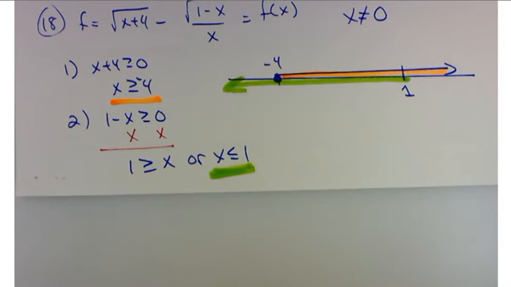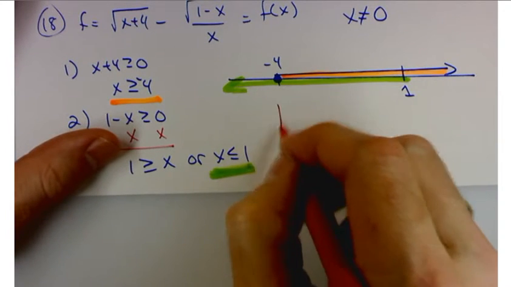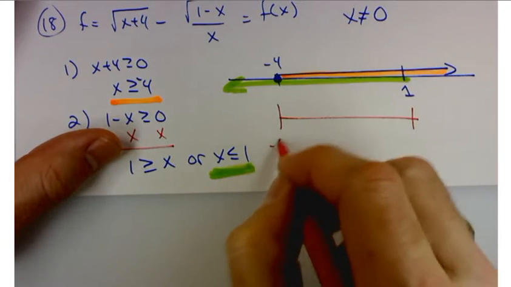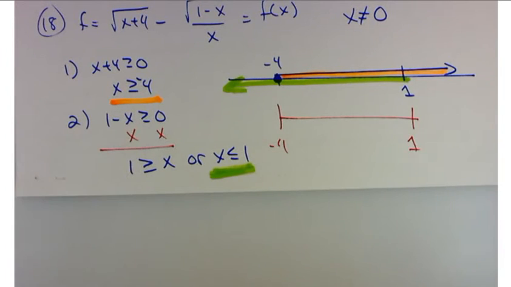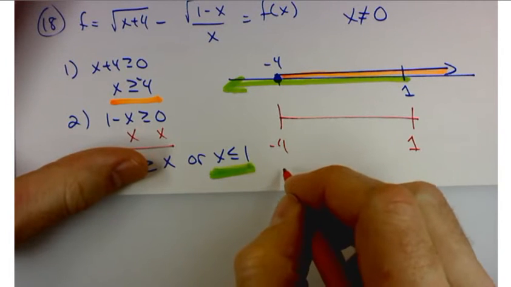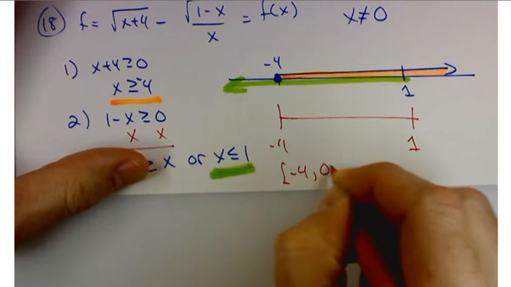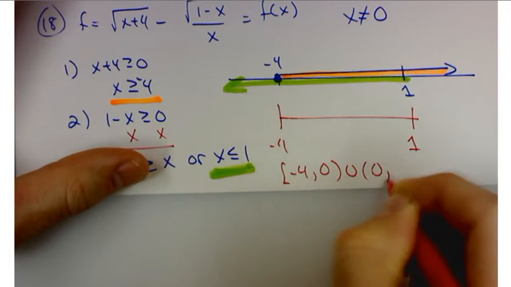But what I need out of this is to find out where these things overlap. So how would you describe where they overlap? Right, between -4 and 1, excluding 0. So you could write it like this: -4 to 0, union 0 to 1.